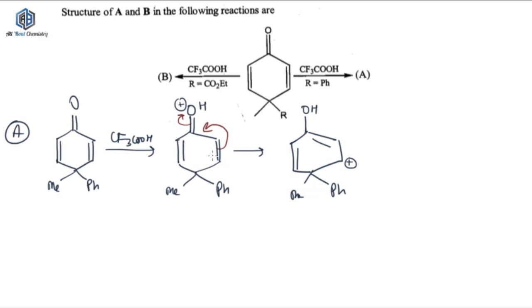As I told you, in the migratory aptitude we have seen that the phenyl group has a higher migratory aptitude than the methyl group. So that's why the phenyl group will migrate to this position. And fine, so what will happen in the next step then? Formation of a carbocation.